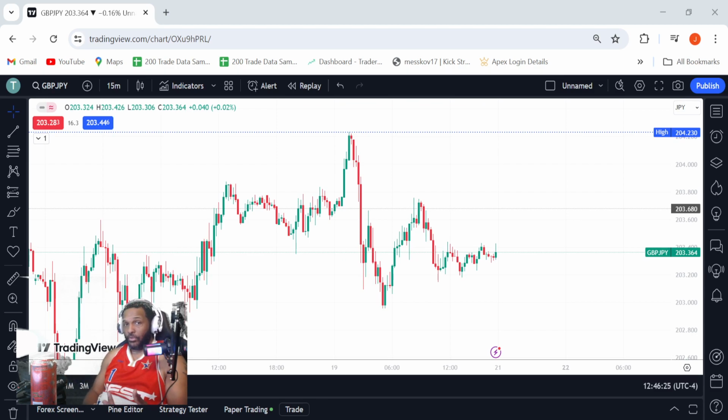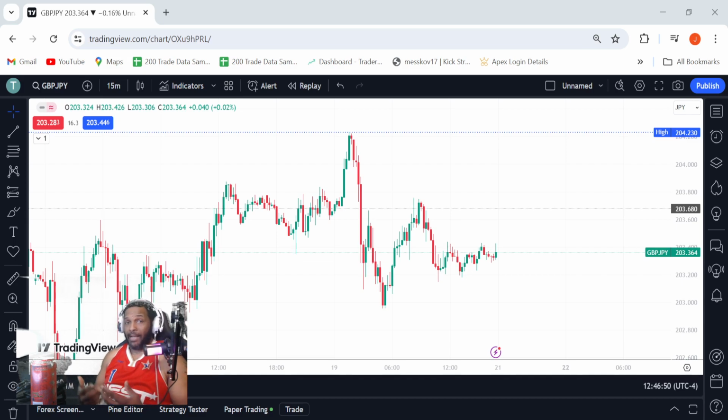If there is price data or a move in any particular direction beyond that first hour, that could be an indicator of what the bias will be for the remainder of that day.